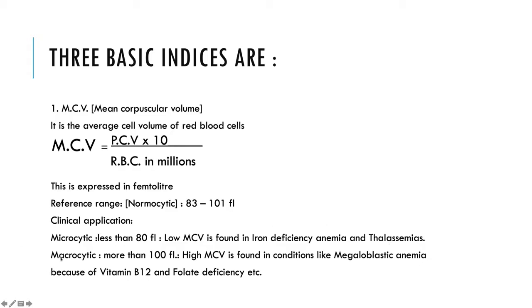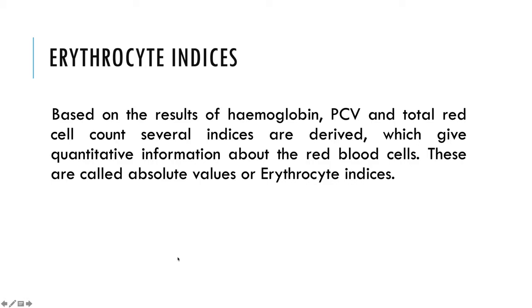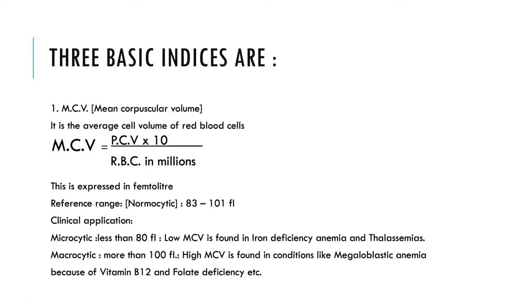And what is the meaning of macrocytic anemia? When the average cell volume of RBC is higher than 100 femtoliter, the condition is called macrocytic anemia. This kind of condition can be seen in megaloblastic anemia.